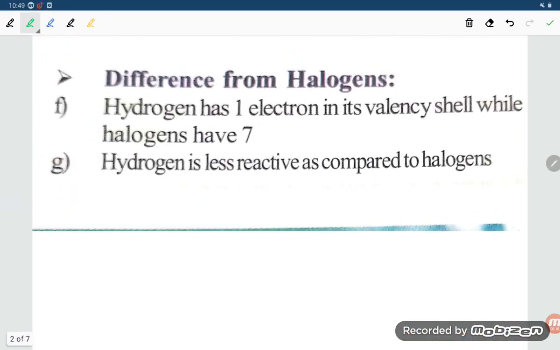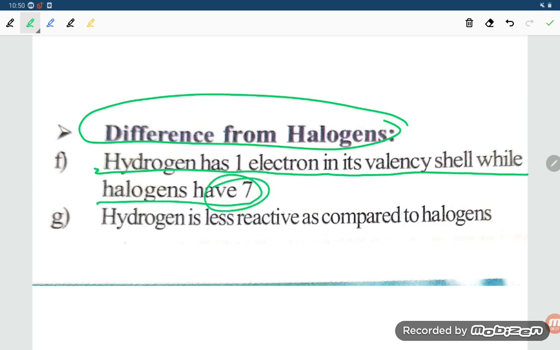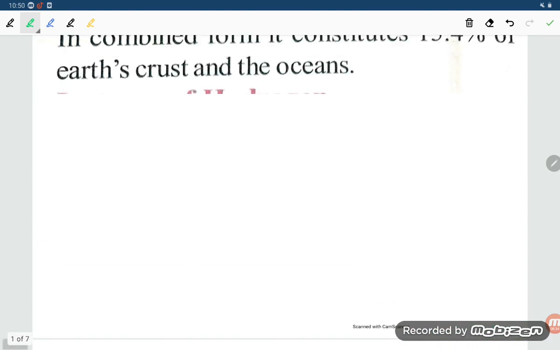Now let us see the next point, the differences from the halogens. Hydrogen has one electron in the valence shell, while the halogens have 7 valence electrons. Hydrogen is less reactive compared to halogens. So these are the two differences from the halogens.